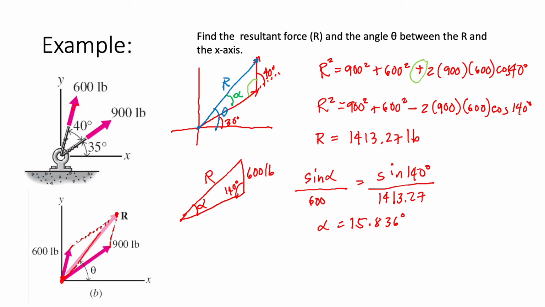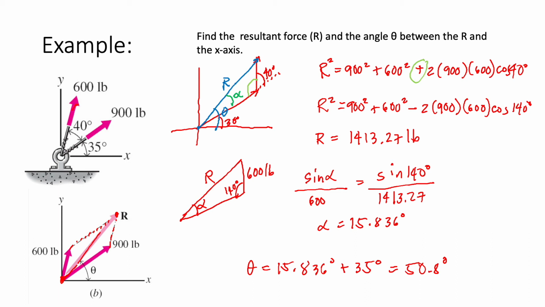Now we already know the value of alpha. In order to get the angle between the resultant vector and the positive x-axis, we can simply add the 35 degrees and the angle alpha. So therefore theta is equal to 15.836 degrees plus 35 degrees, which is 50.8 degrees.